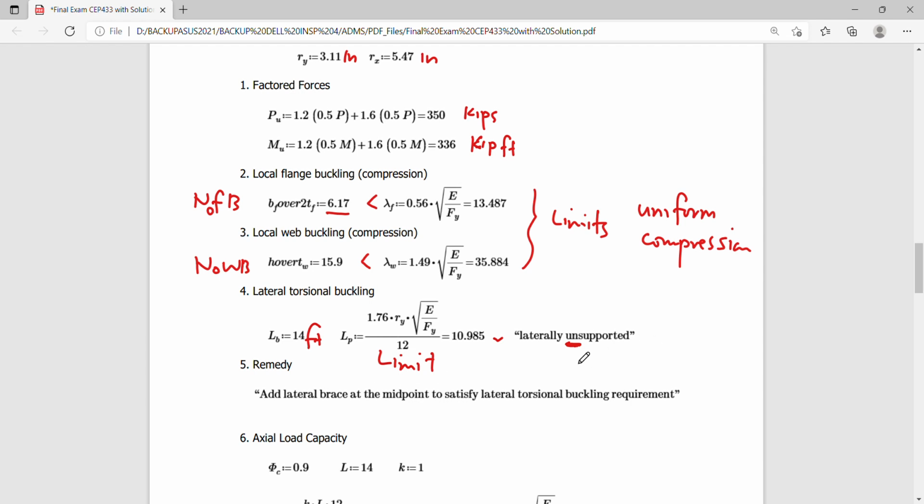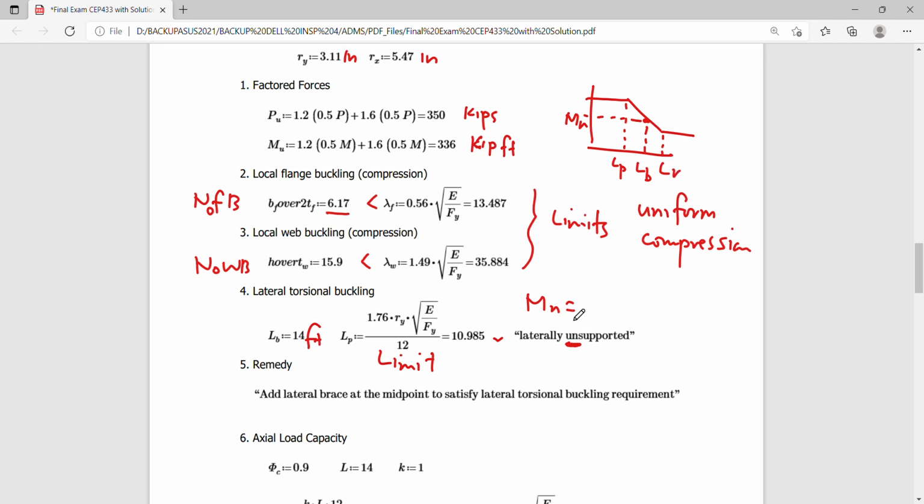So we can actually continue solving this by simply taking note of the interpolative formula, wherein your value of Mn is actually on this linear. So this is now your Lb and this is your Mn, which is in between your Lp and your Lr.